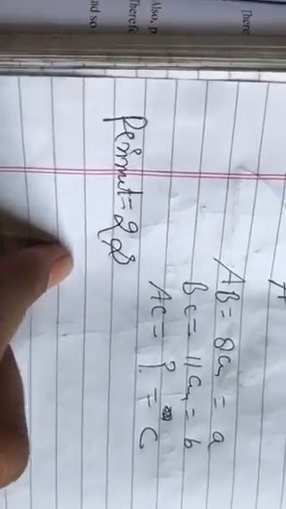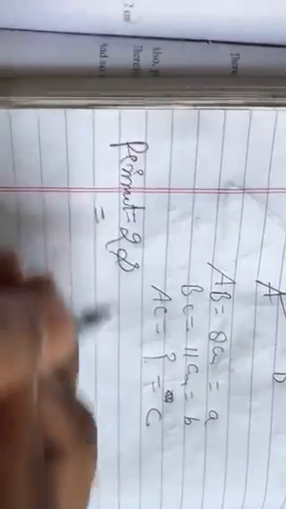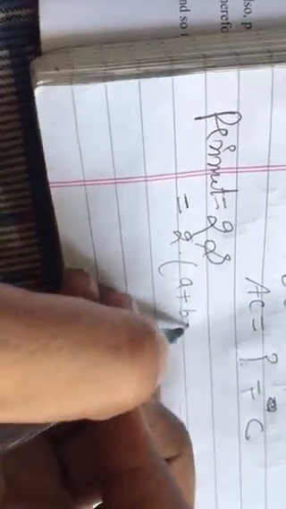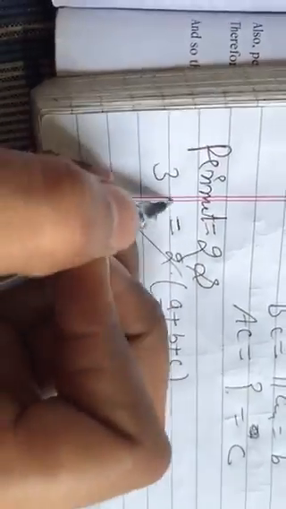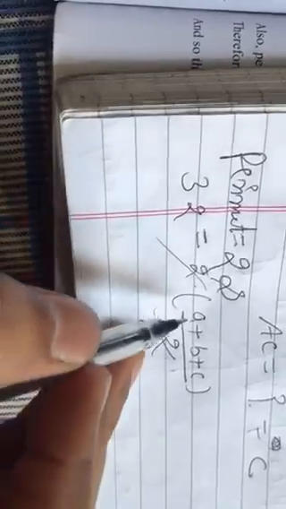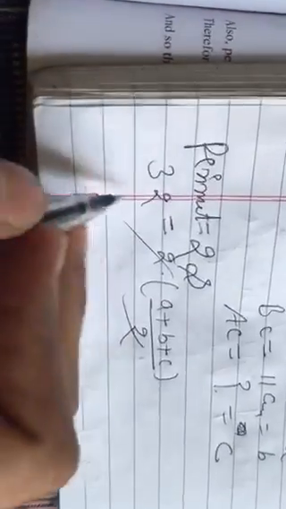Perimeter is 2S. And you know what the formula of S is? It is 2 into (A plus B plus C) by 2, right? And its perimeter is 32 centimeter. Substitute the values of A and B. The value of A is 8 and B is 11.